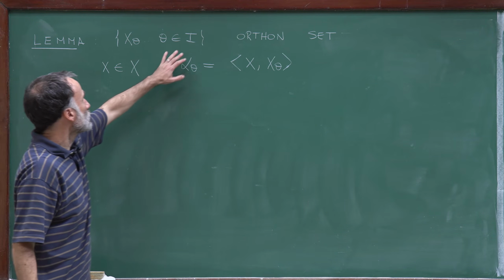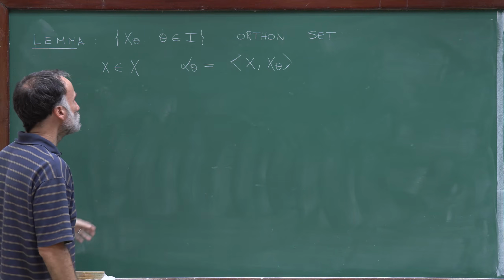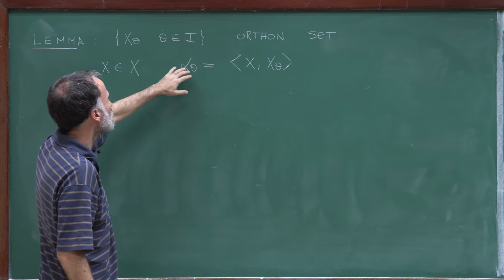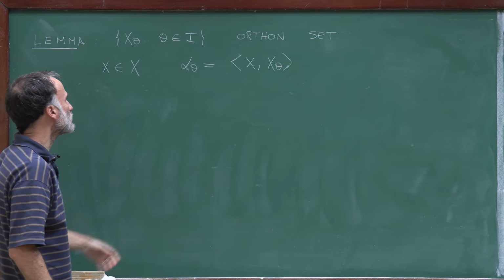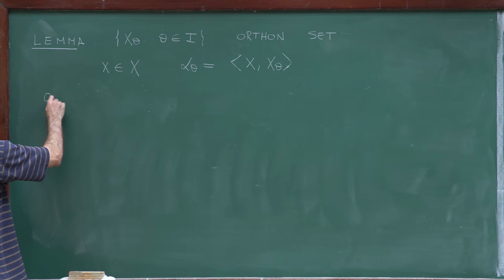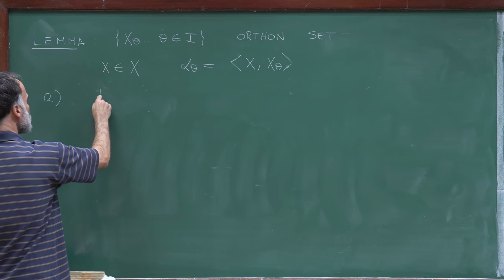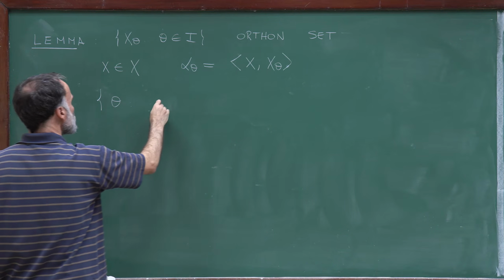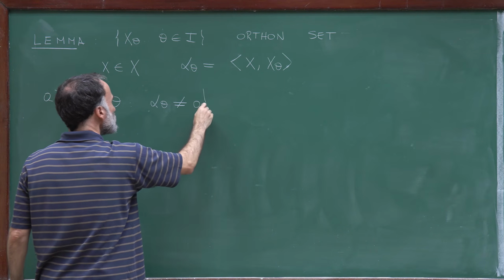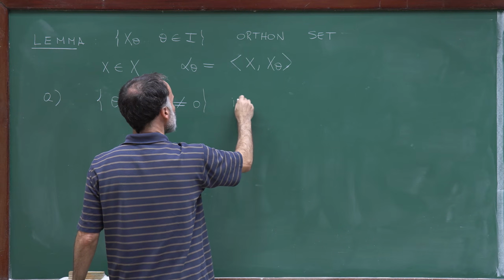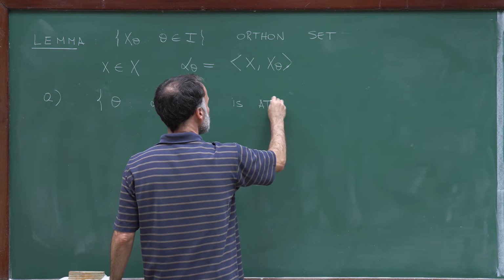And here this family may be uncountable, so we have an uncountable set of parameters alpha theta, but what I claim is that the set of theta such that alpha theta is different from 0 is at most countable.